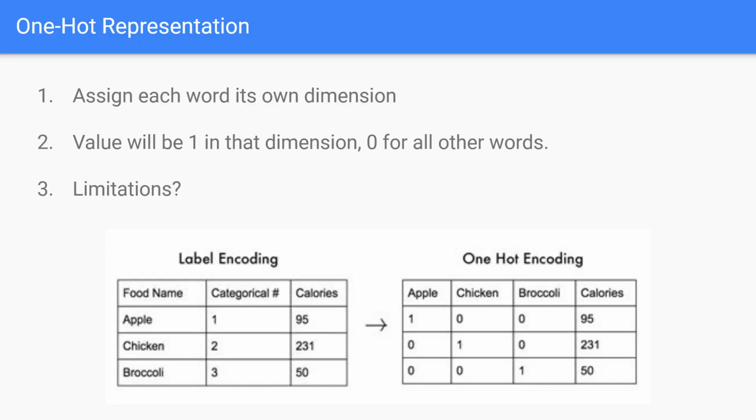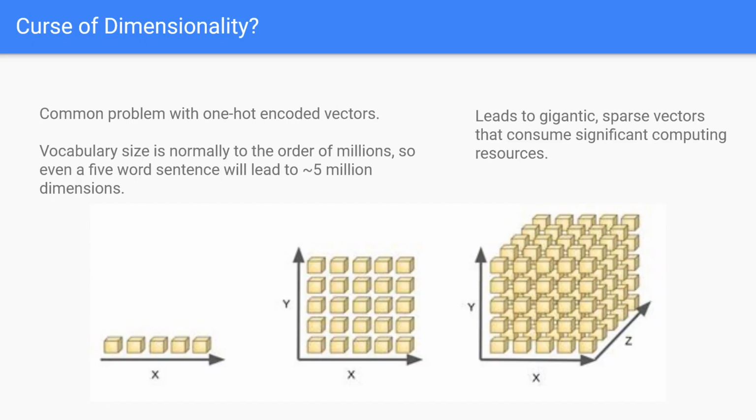There is another disadvantage to one-hot representation, which is a more serious problem: the curse of dimensionality. What is the curse of dimensionality? It's a common problem with one-hot encoded vectors.